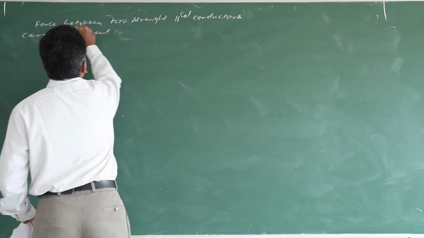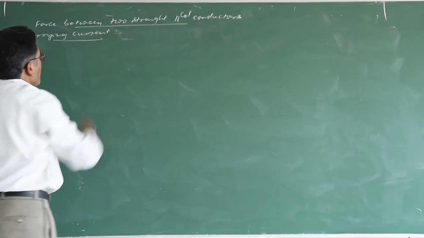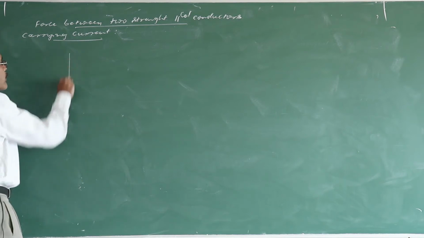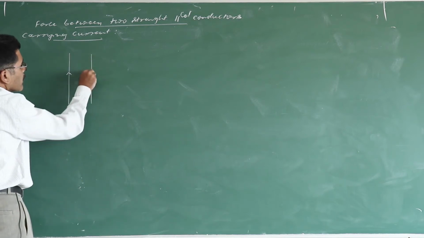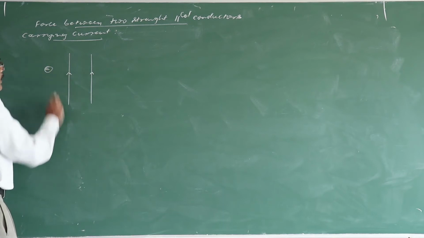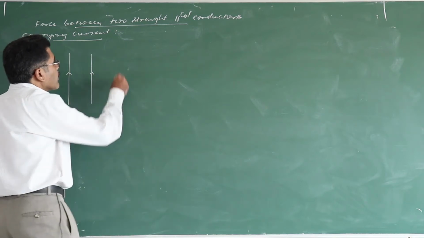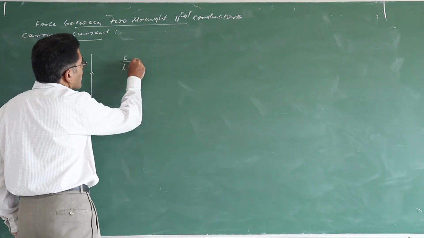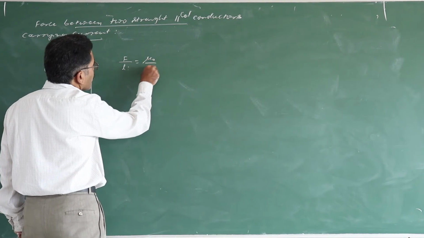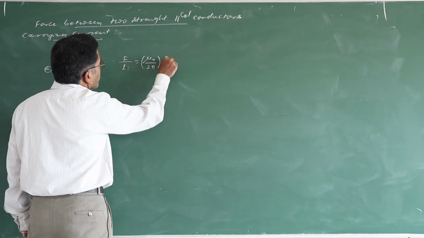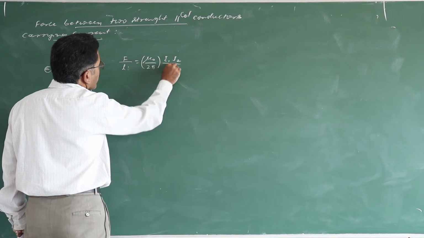If you take two straight parallel conductors carrying current along the same direction, you know that force per unit length is given by mu naught by 2 pi I1 I2 divided by d.